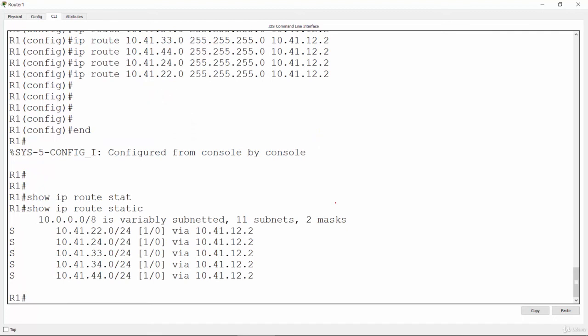Or I could also check this by using show run command too.